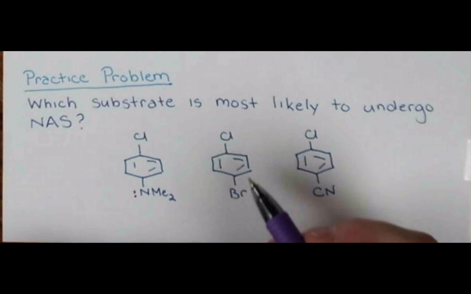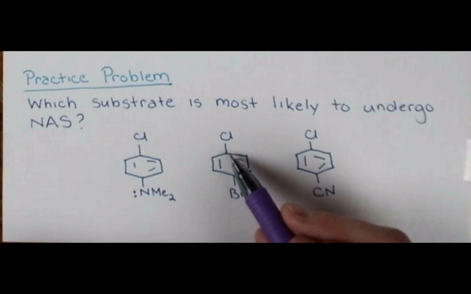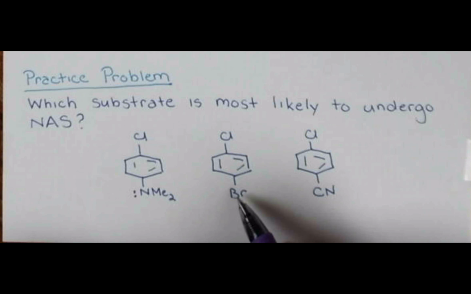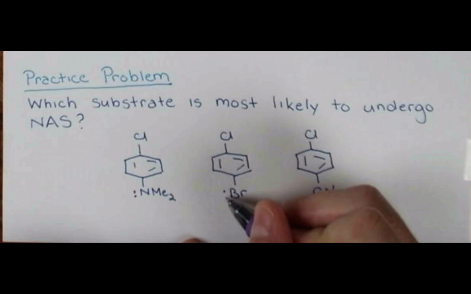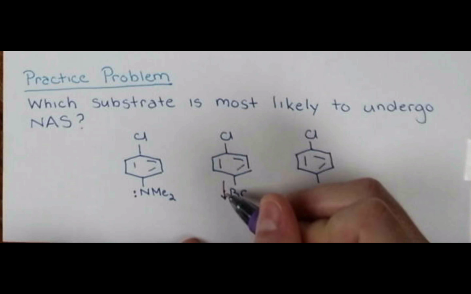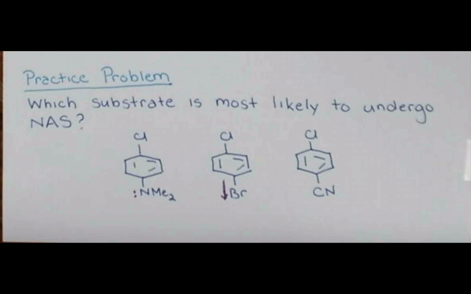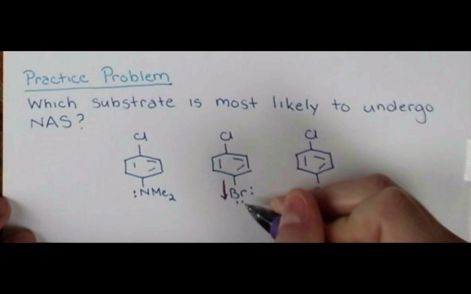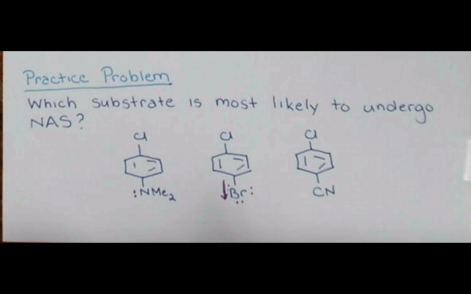Now here, our chlorine is going to make this position more electrophilic due to its higher electronegativity. But the bromide, this is an inductive electron withdrawing group. So we do have an electron withdrawing group here. However, remember, bromine also has lone pairs. And this can donate electron density by resonance to the ring.